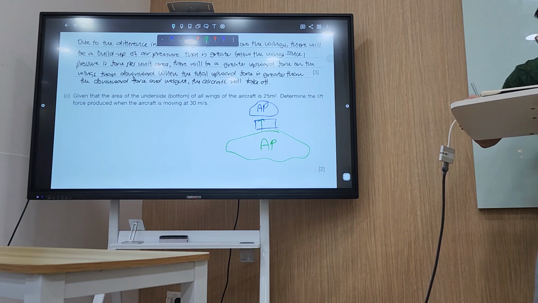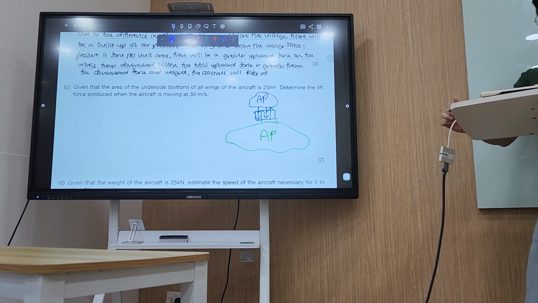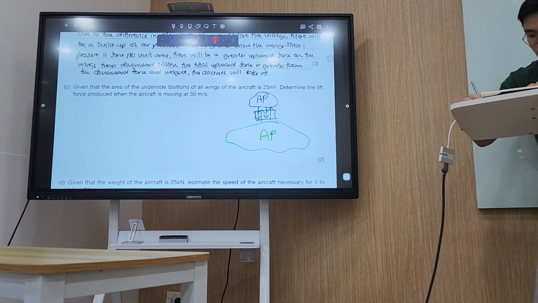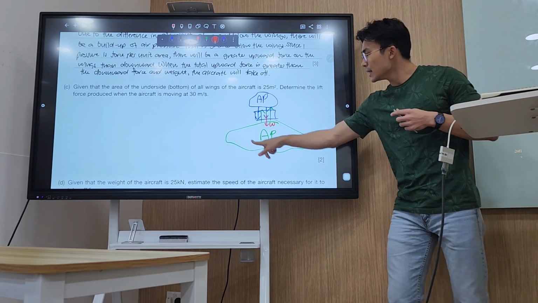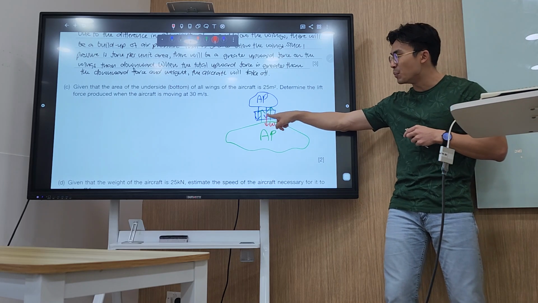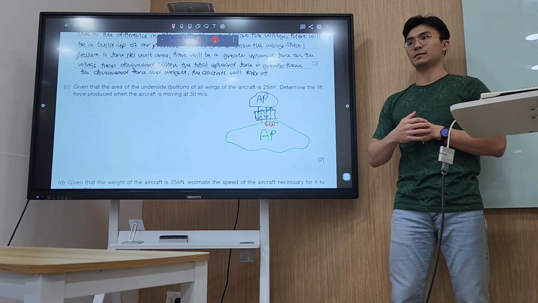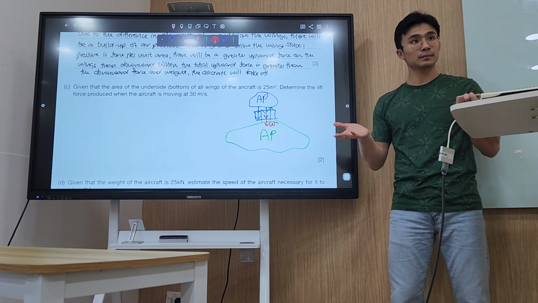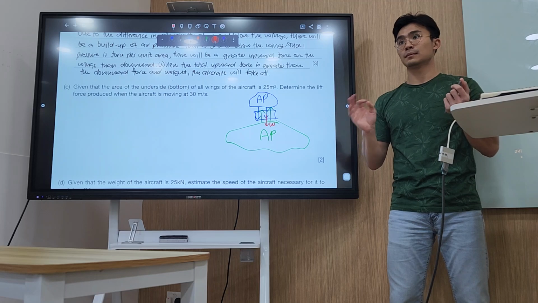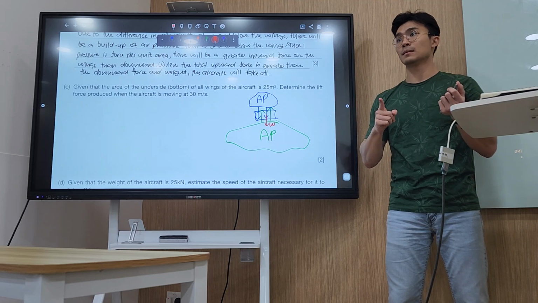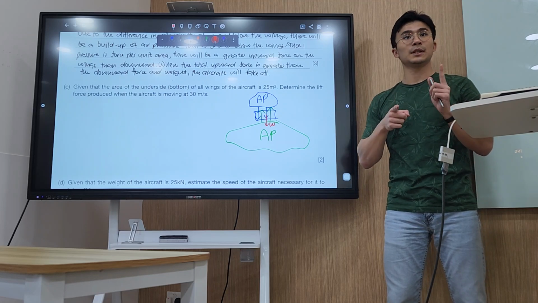Green exerts an upward force. Blue exerts a downward force. But in addition to all of these, you also have the weight of the aircraft. So your green needs to overcome both blue as well as red. Then the feather can lift off. Okay? Ethan? John?